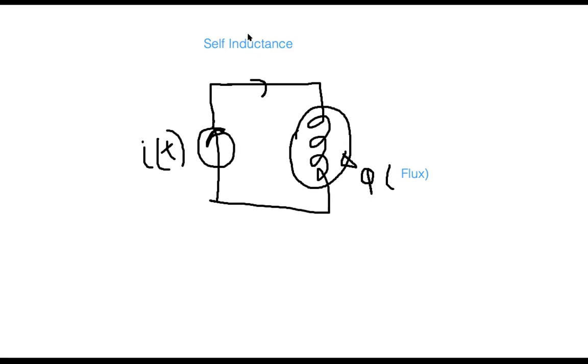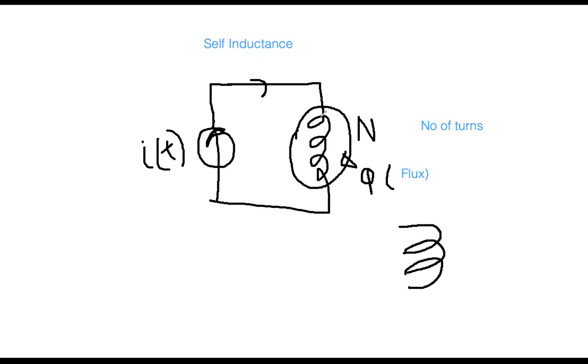Now, for example, this coil has N number of turns. N is called the number of turns. For example, this is called one turn, and if you twist, this is another turn, and again, another turn.